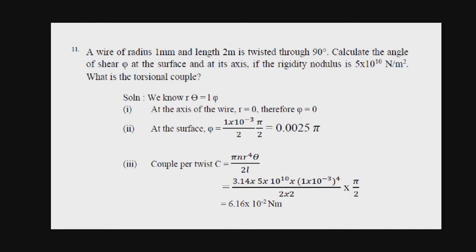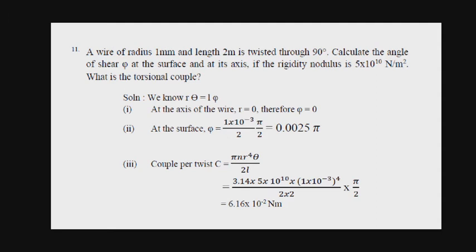If the rigidity modulus is 5 into 10 to the power 10 Newton per meter square, what is the torsional couple? So solution is, before that given r is equal to 1 millimeter, small l is equal to 2 meter, angle theta which is equal to 90 degree, and eta is given, that is 5 into 10 to the power 10 Newton per meter square.